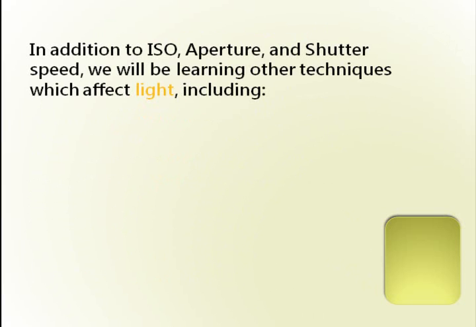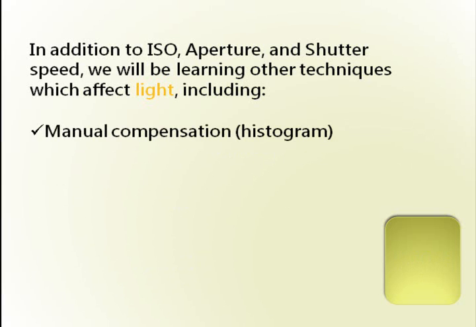So in addition to ISO, aperture, and shutter speed, we will be learning other techniques which affect light, because exposure is all about light, including manual compensation, which is the histogram. Now, for some of you who know Photoshop or Photoshop Elements, you've seen that levels tool and the histogram there.